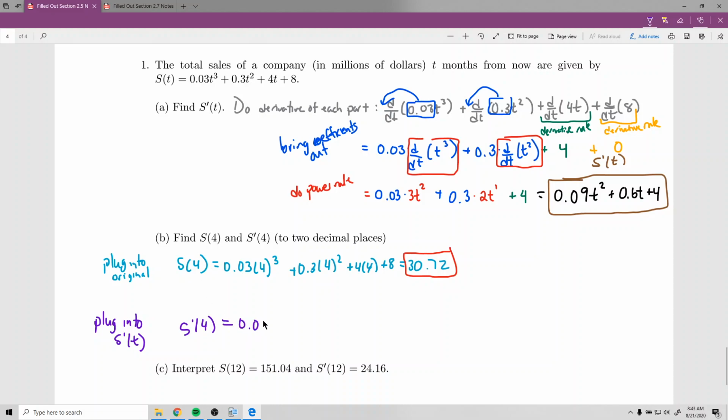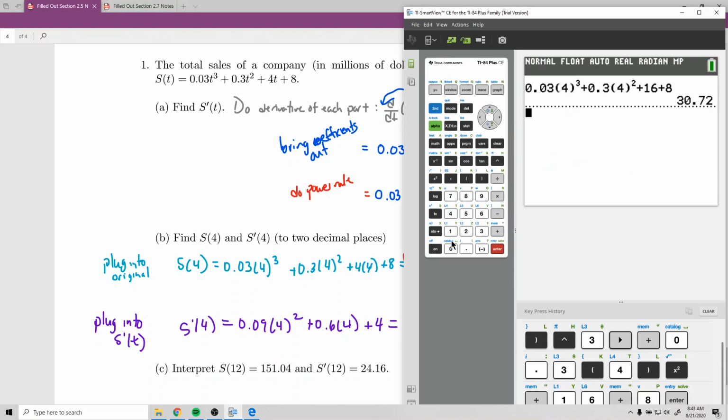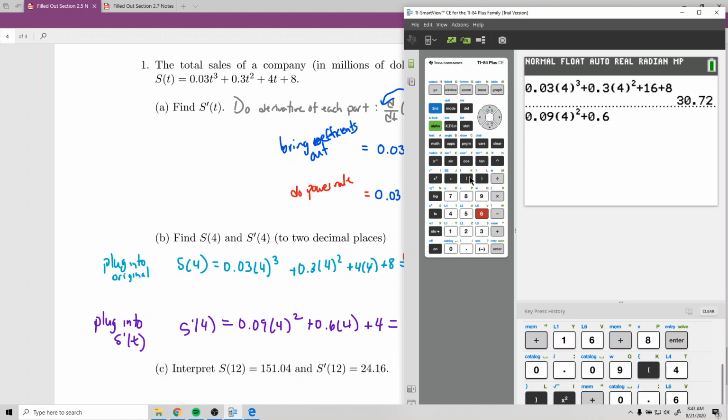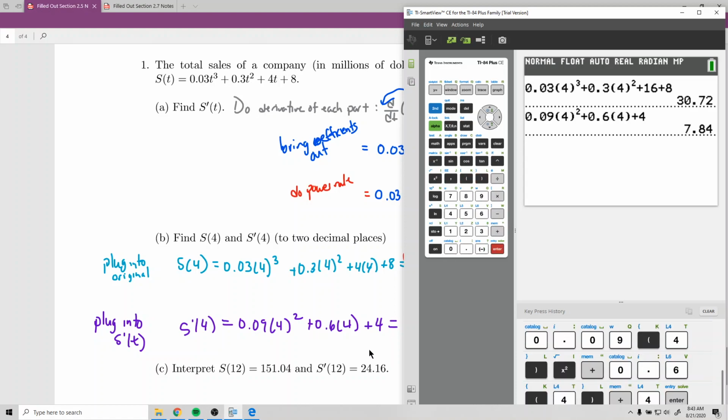We got 0.09 times 4 squared plus 0.6 times 4 plus 4. And plug that in our calculator. We get 7.84.